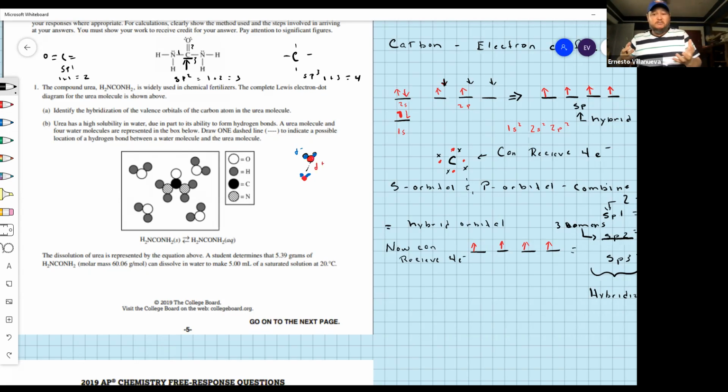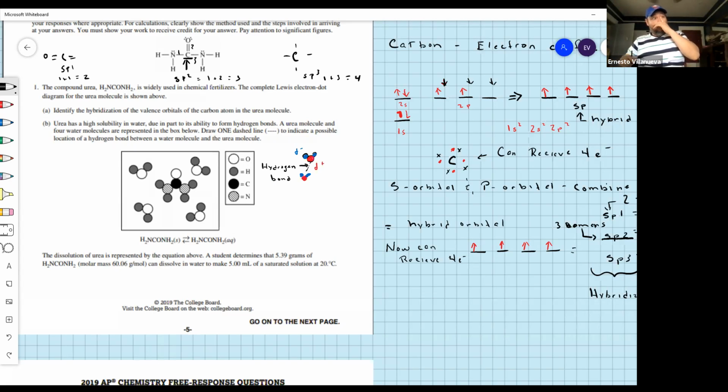So this attraction between positive and negative is what is called a hydrogen bond. There are other intermolecular forces that we're going to go over, but right now we're just going to go over this one to answer this question. So this is an example of what a hydrogen bond is. It's not a real bond. It's just an attractive force between molecules, between positive and negative charges or sides of a molecule.